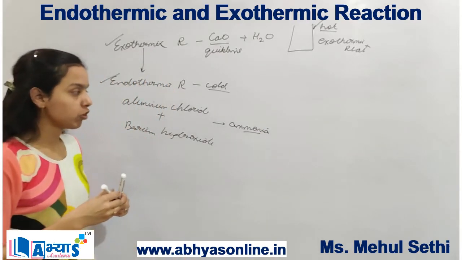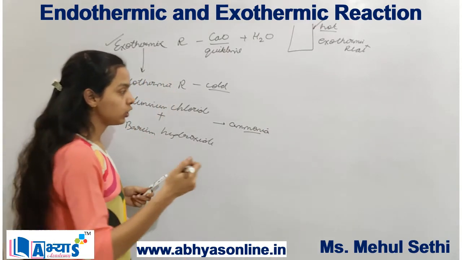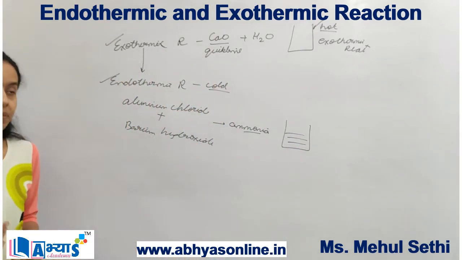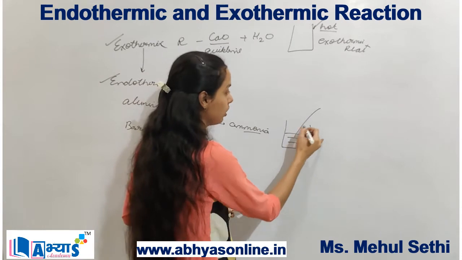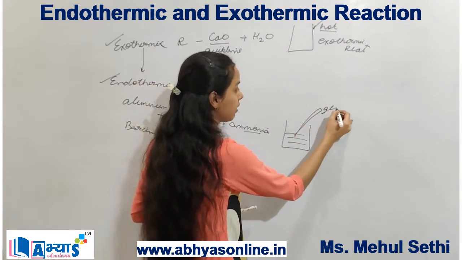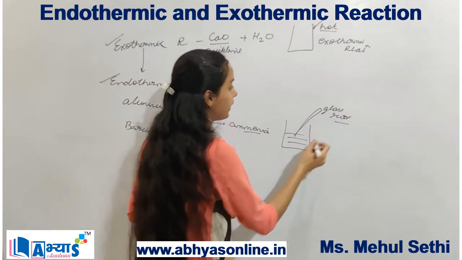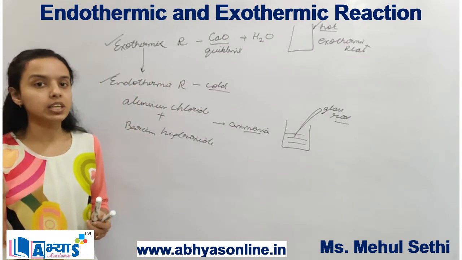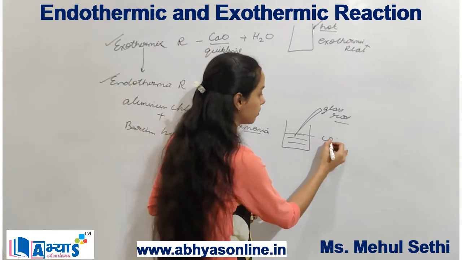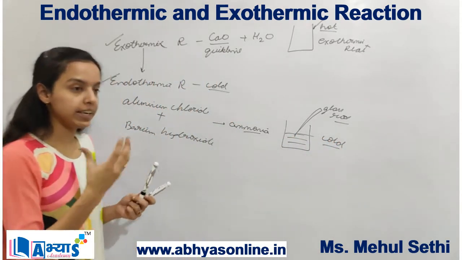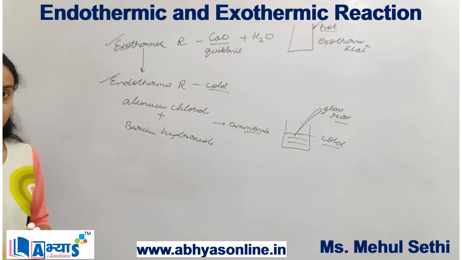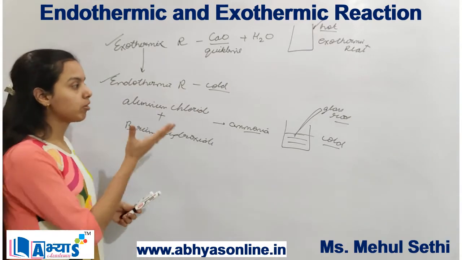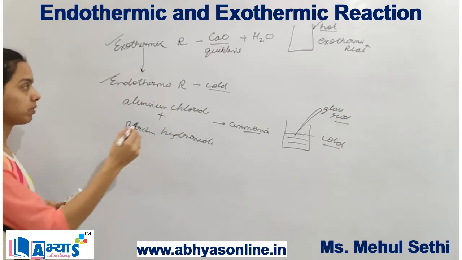Whenever there is formation of ammonia, and you place a glass rod into the beaker in which the reaction was going on and stir with the help of the glass rod, the bottom of the glass rod will become cold. That means a lot of heat is absorbed in this chemical reaction, and that is why the solution has become cold. Such types of reactions are known as endothermic reactions.